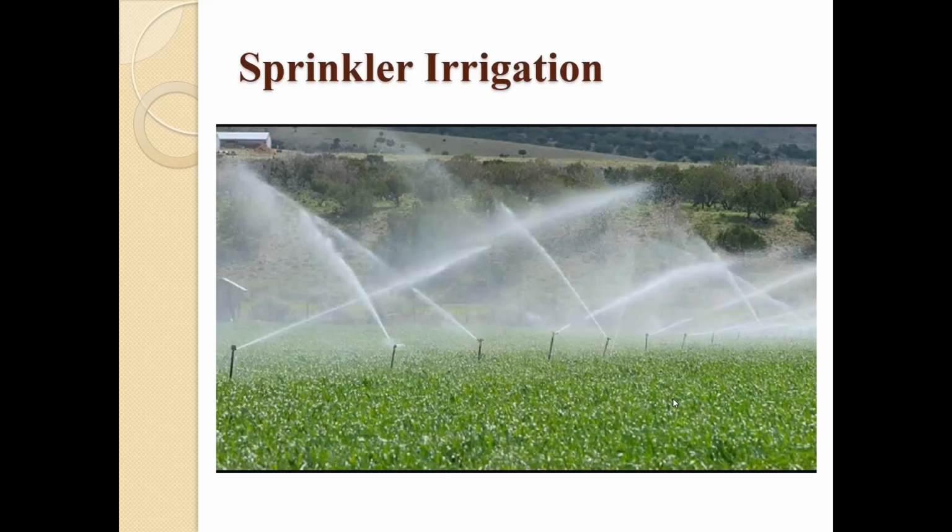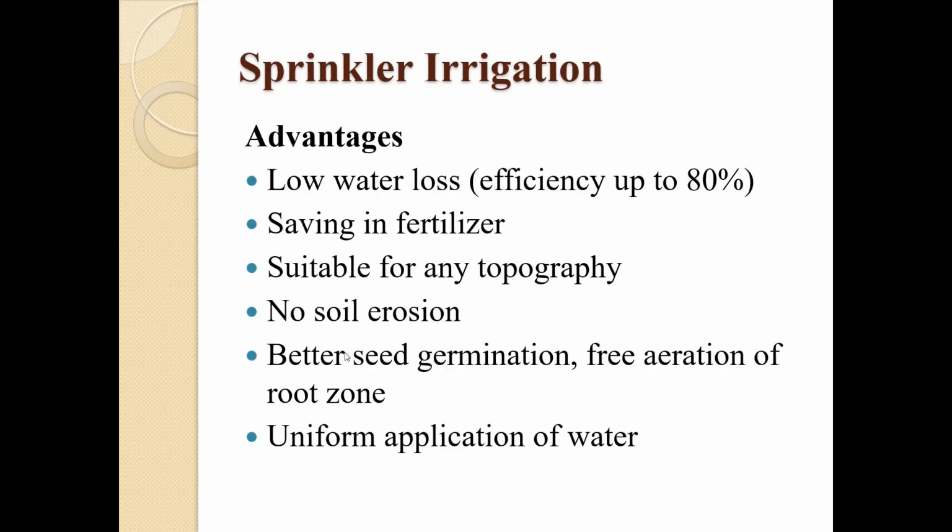So here you can see the water has been sprinkled through these pipes and nozzle system, and it is spreading all over the land. At playgrounds, etc., where turf has been provided, we can see this kind of irrigation.